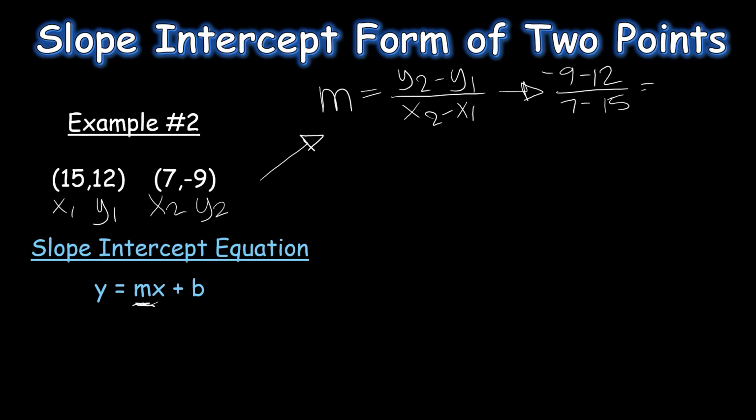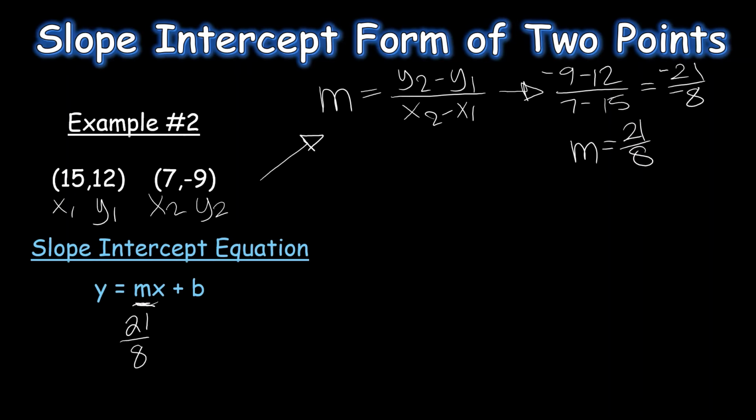And that gives us negative 21 over negative 8. Two negatives divided by each other equal a positive, so our slope, or our m value, will be 21 over 8. So we can go ahead and write that down over here, 21 over 8.